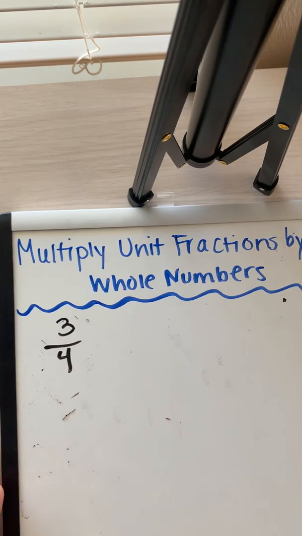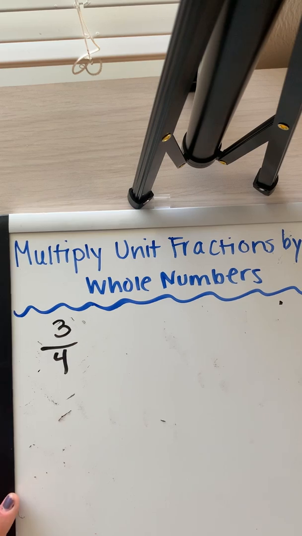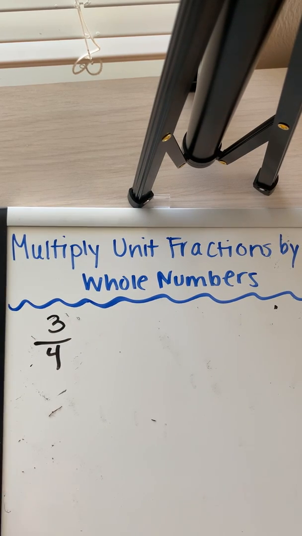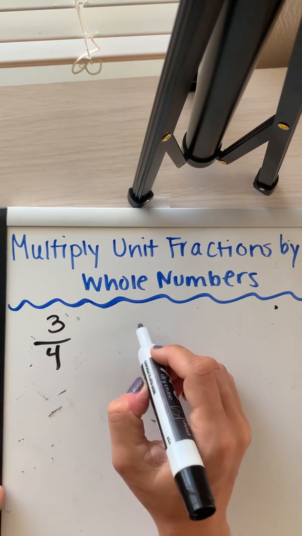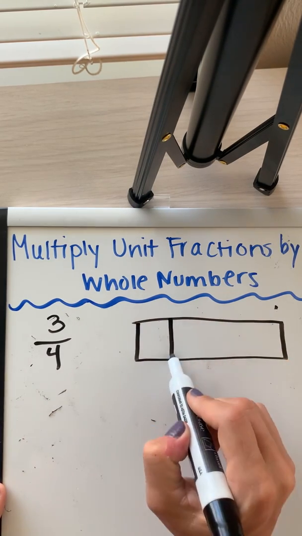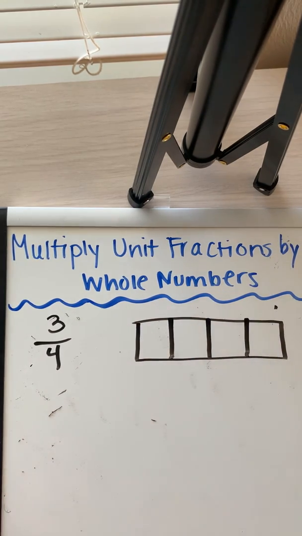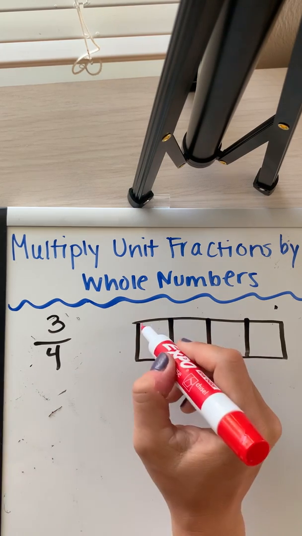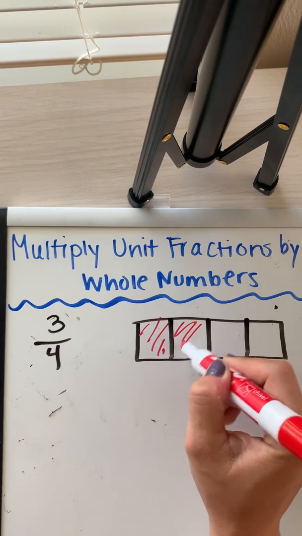It is very important when we're starting this that we are using our bar diagrams. I want you guys to be drawing your bar diagrams. If I draw my bar diagram for 3/4, I'm splitting it up into 4, and 3 of my sections will be shaded.